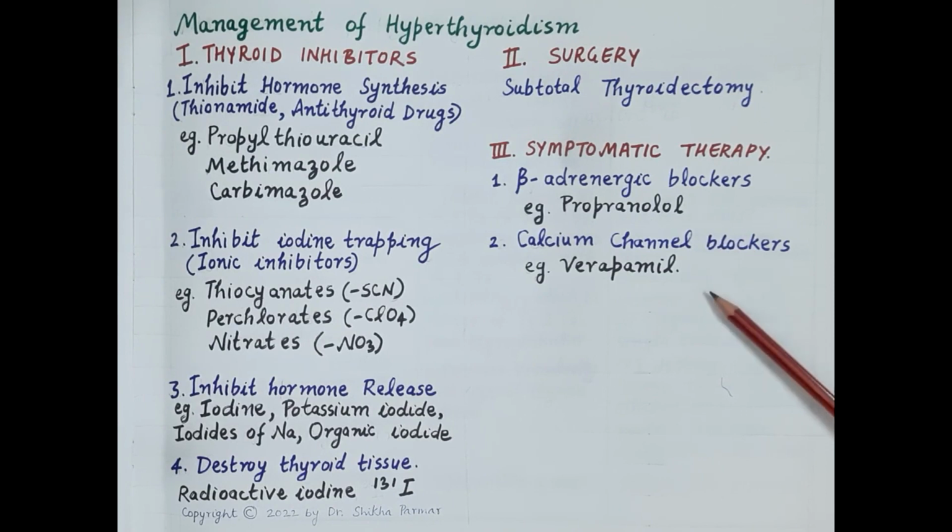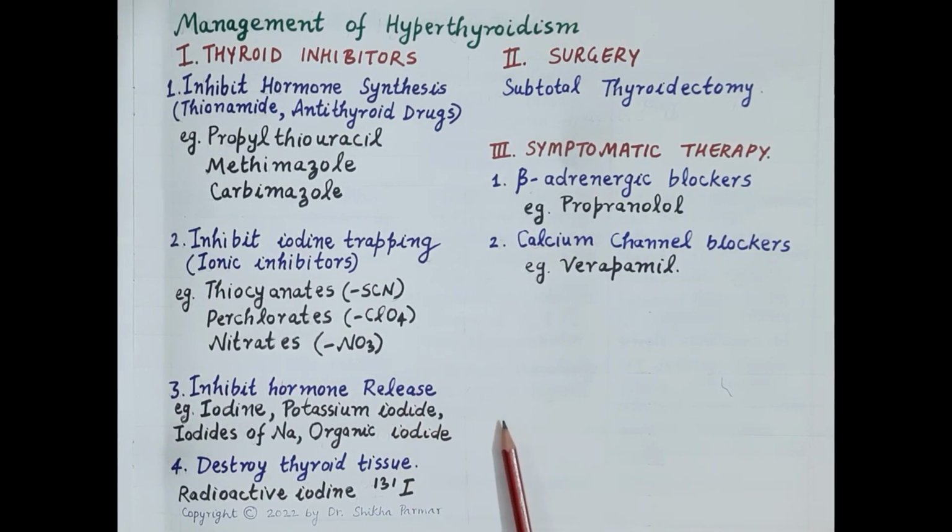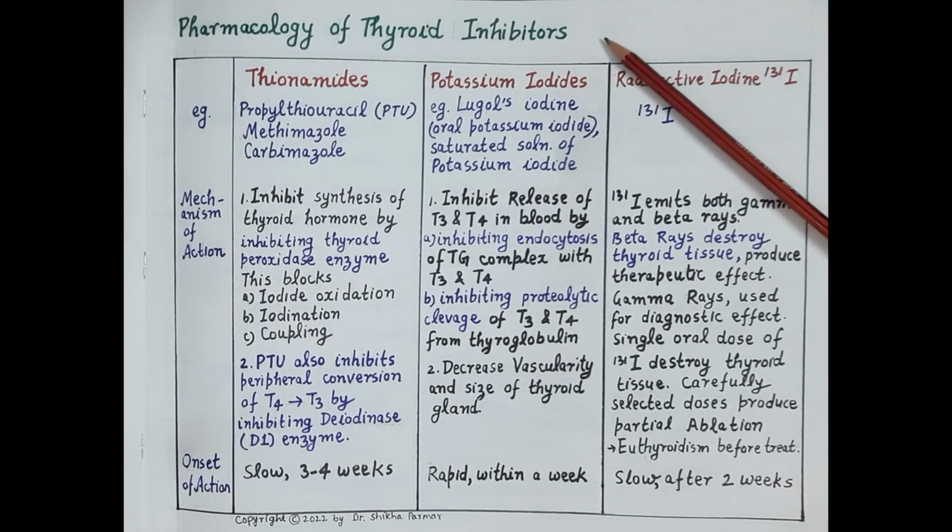Then calcium channel blockers, for example verapamil, can also be used as a second line therapy for patients who are beta blocker intolerant or have contraindications to beta blockers, for example asthmatic patients. So now let's discuss each of these modalities for the treatment of hyperthyroidism one by one. Let's first discuss pharmacology of thyroid inhibitors.